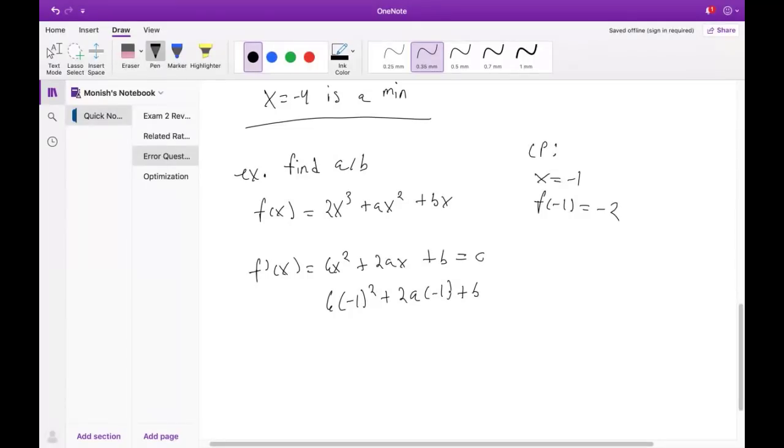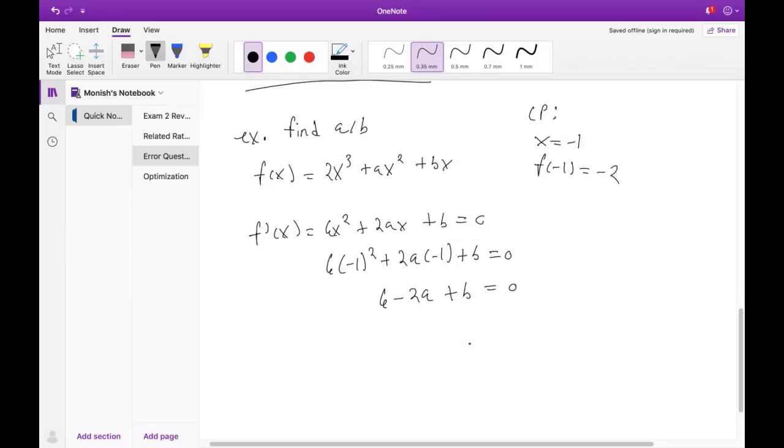We don't know what A is or B, but we have this set up. And so we can simplify this to say 6 minus 2A plus B is equal to 0. And then this will be enough for us to figure out both variables.